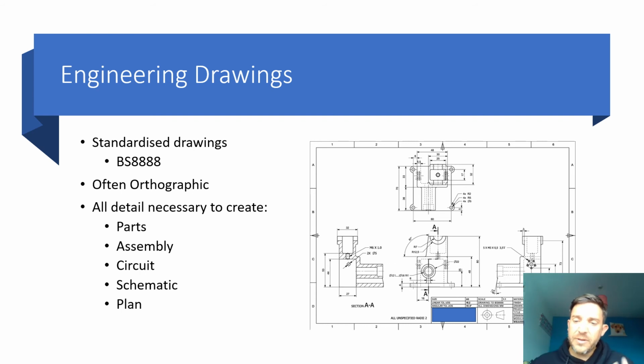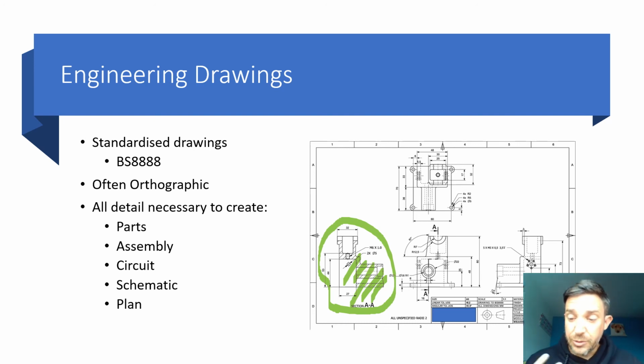There are a couple of other different view types that you can use, such as a sectional view that we can see just down here. So I can tell this is a sectional view because of this hatching that we've got going through the part. Orthographics are used because, as I say, you can show so much detail and so much information.